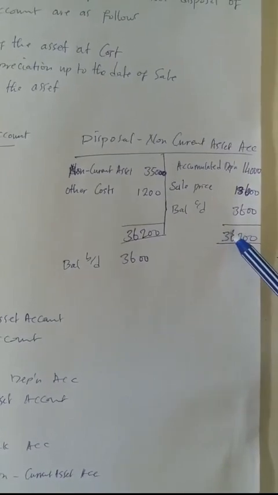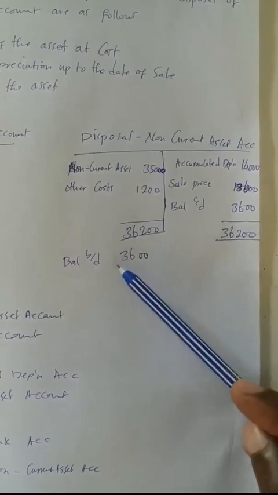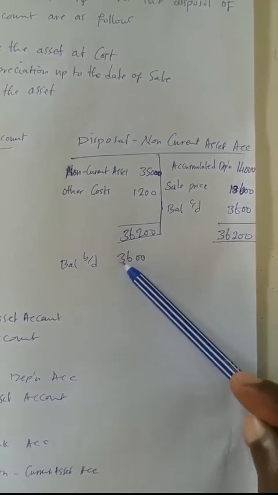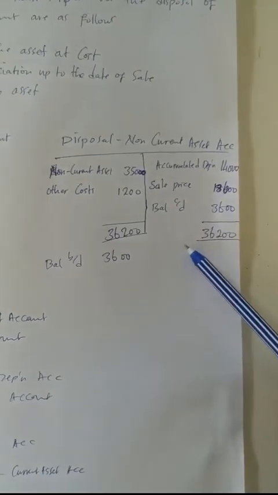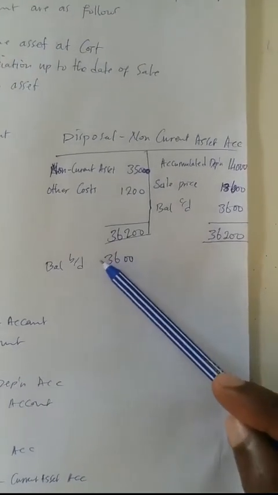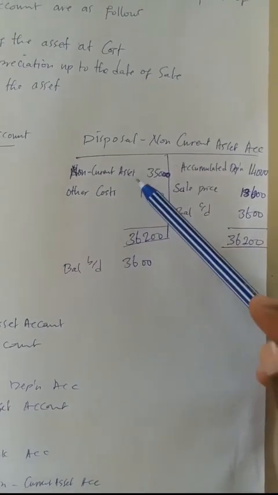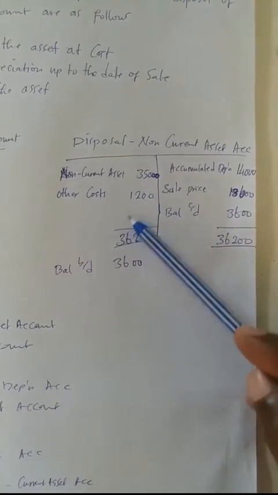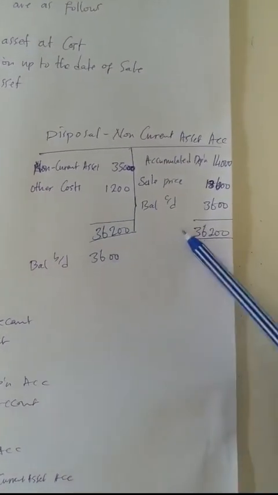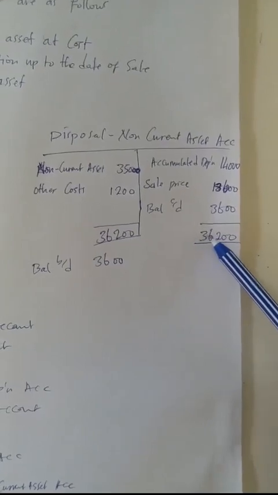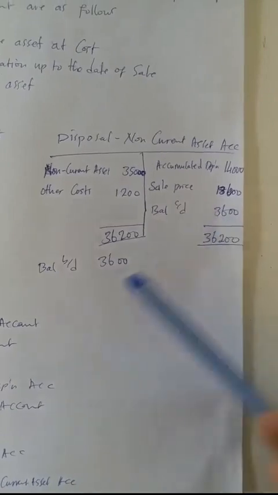When our account balances, the most important thing is the balance brought down. Is it a debit entry or a credit entry? We have a debit entry of 3,600 kwacha. Why? It shows that this asset is still existing in cost. Why is it still existing? Because we've made a loss. In our example, there was a loss.